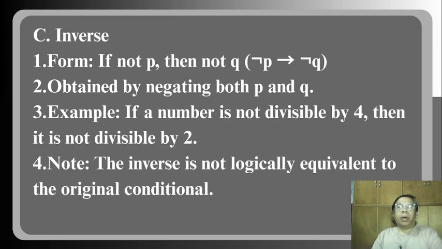Inverse form: if not P, then not Q. So we have not P right arrow not Q, obtained by negating both P and Q. An example: if a number is not divisible by 4, then it is not divisible by 2.